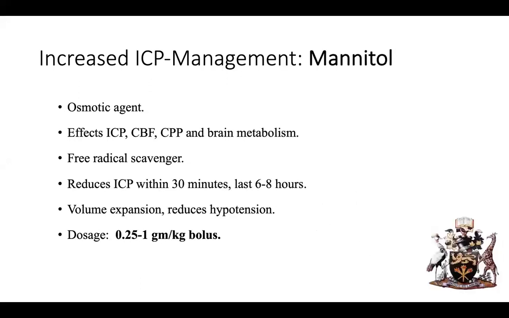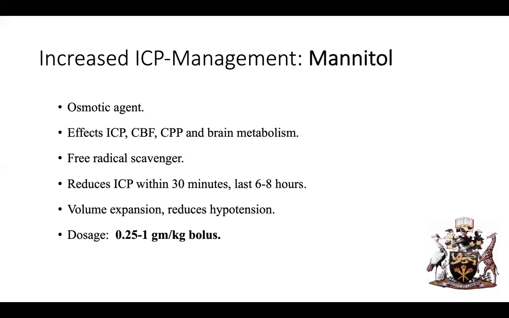Mannitol, the commonest, is an osmotic diuretic, and it has effects on the ICP, the cerebral blood flow, cerebral perfusion pressure, and brain metabolism. Its half-life is usually 6 hours, so you can give it every 6 hours. The only challenge is that it can cause hypotension, and it's also not used in patients who have hypotension. Usually we say we use it 1 gram per kilo.